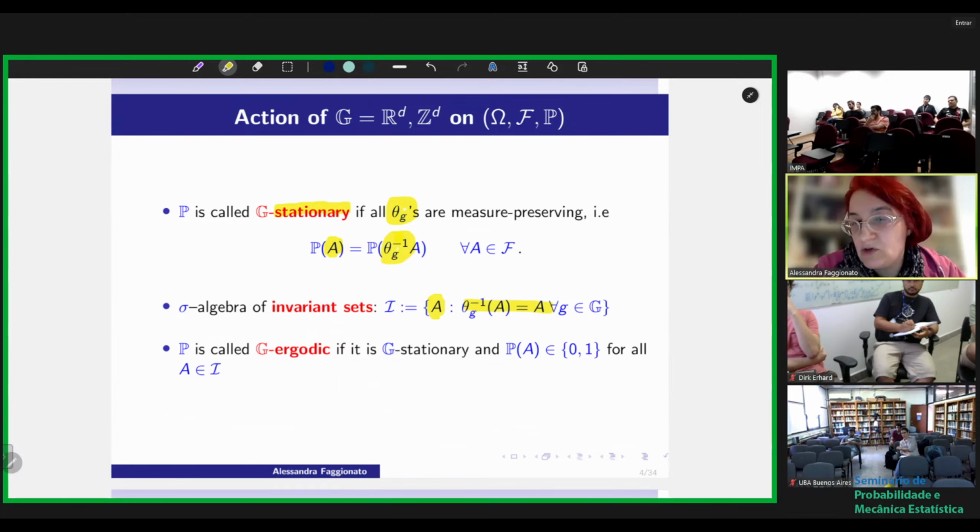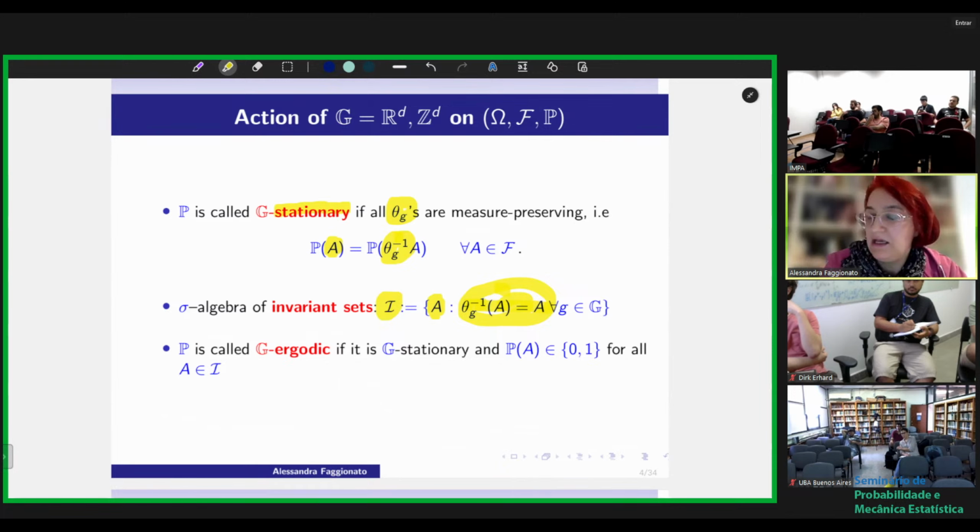You can also work with semi-invariant sets, where this equality holds up to a set of probability 0, that is, the symmetric difference of these two sets has probability 0, and then you can take the sigma algebra generated by semi-invariant sets.